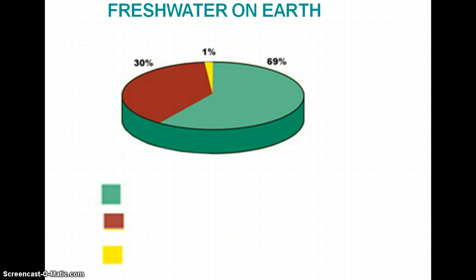This is better. So we've got this. This is still fresh water. What's 69% of fresh water? The majority is trapped in glaciers and ice caps. Then you have underground water. Can you use that? Yeah. You can tap it, okay, and it's somewhat accessible.